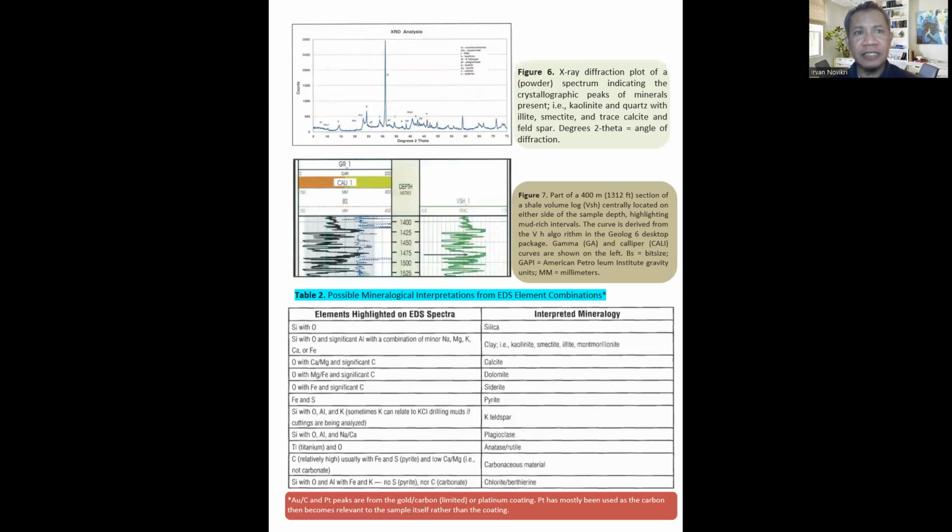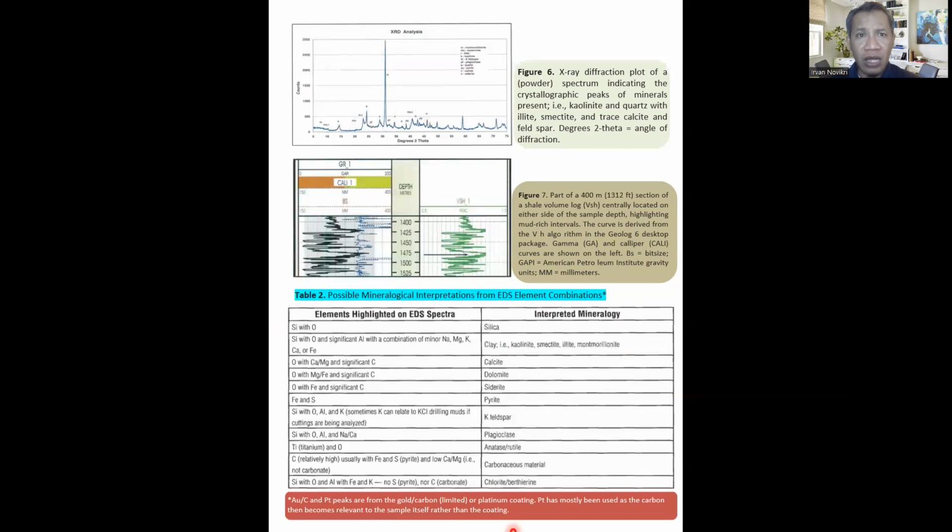So the next figure shows a portion of a 400 meter, around 1,312 foot, section of a shale volume log. The log represents the distribution of the shale volume against the depth of the sample.